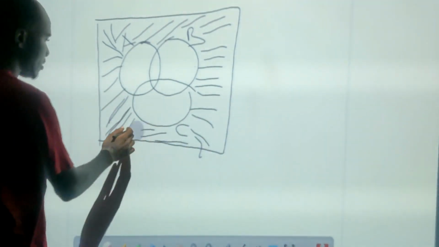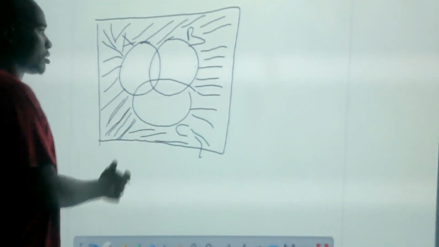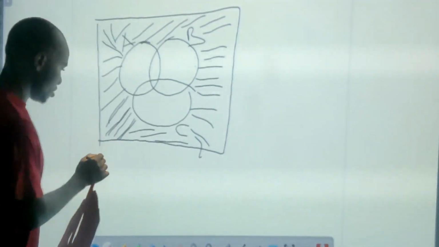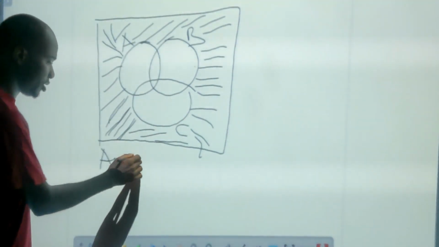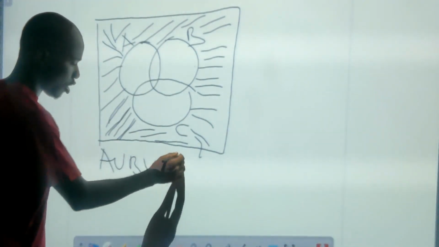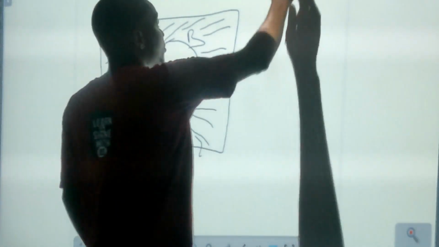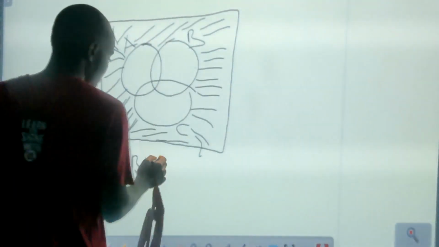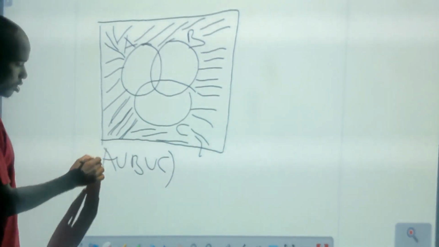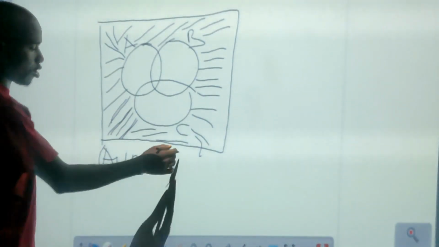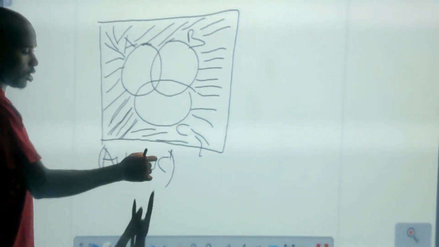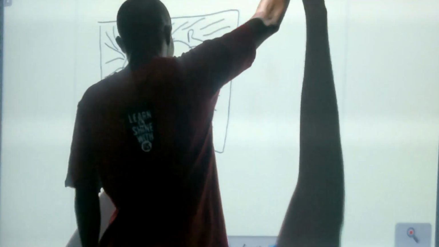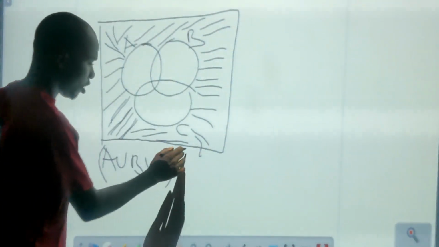So what we just did now is the complement of A union B union C, or all complements. Not the complement of C only, all complements.